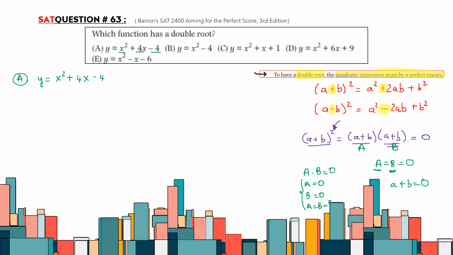Now we have to see if this can be a perfect square. We know that this position should be positive all the time. So that green position is always positive, right? So A and E are not really good choices.